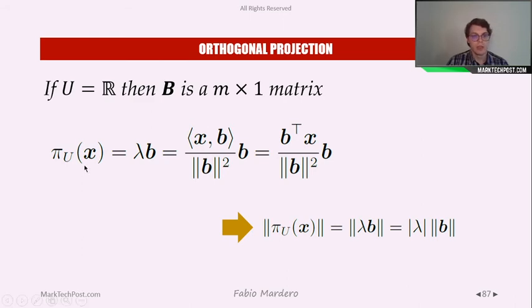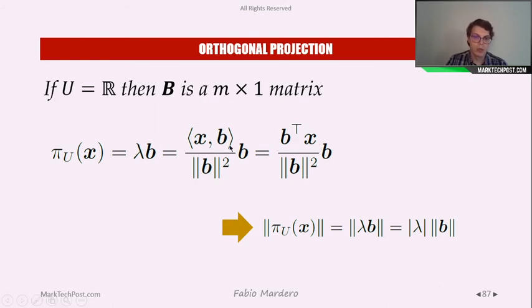Once we have defined our projection matrix, we can also take a look at the projection function, the orthogonal projection, which is defined as lambda times b, which is equal to the inner product between x and b divided by the squared norm of the vector b.